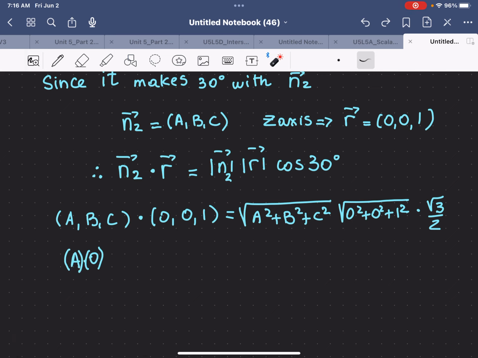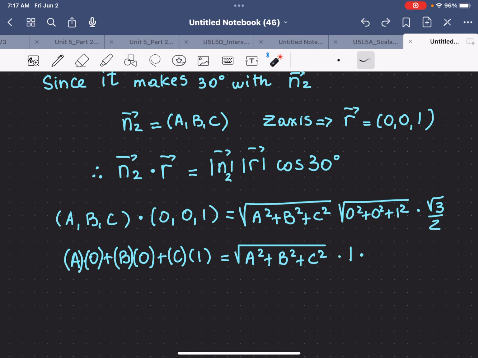So we're going to say a will multiply 0, and then b is multiplying 0, so b times 0, and then c is multiplying 1, so c times 1, would be equal to the square root of a squared plus b squared plus c squared multiplied by the square root of 0 squared plus 0 squared plus 1 squared, which is 1, multiplied by square root of 3 over 2.